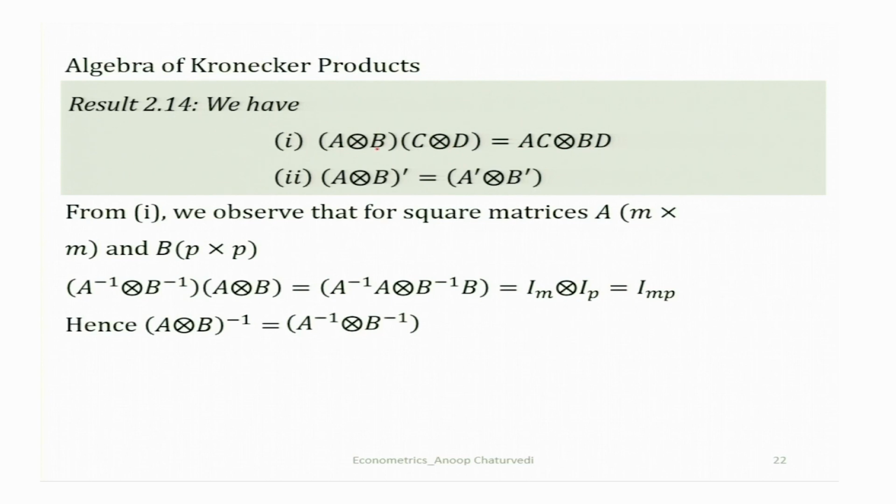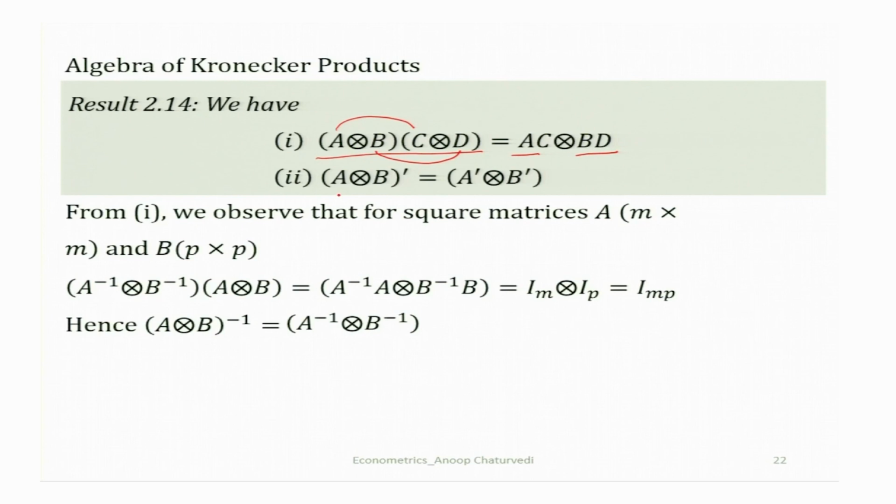Of course, the orders of A, B, C, D are such that the products AC and BD are possible. So, this is how you can write the product of A canonical product B and C canonical product D. You simply take the product of AC, you take the product of BD and then you take the canonical product of AC and BD.